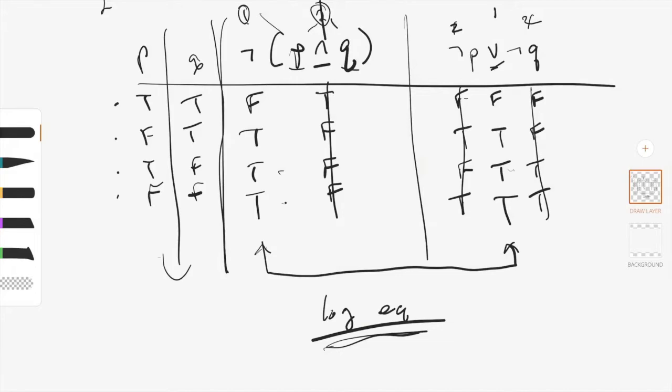So, for instance, let's say we had on line 1 of a proof not (P and Q), and then on line 2 we had not P. And what we want to conclude is not Q.